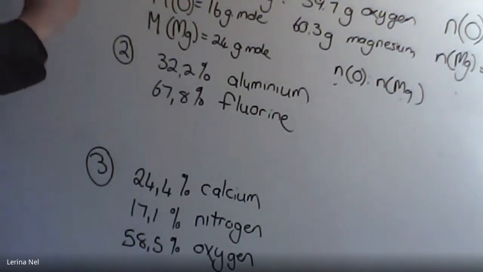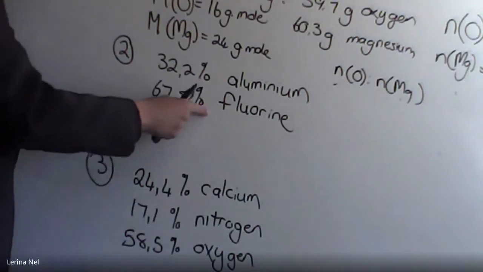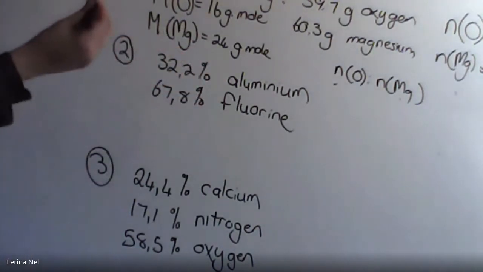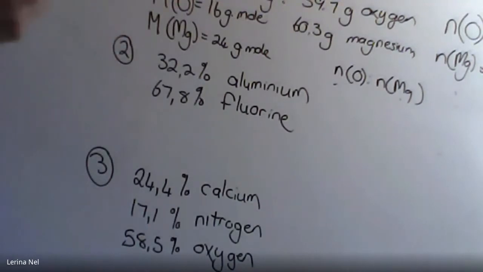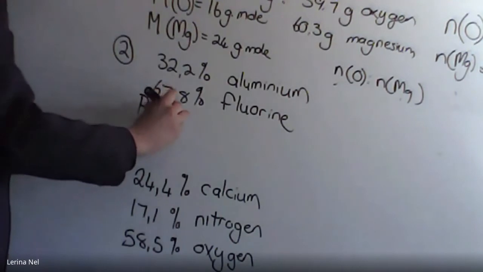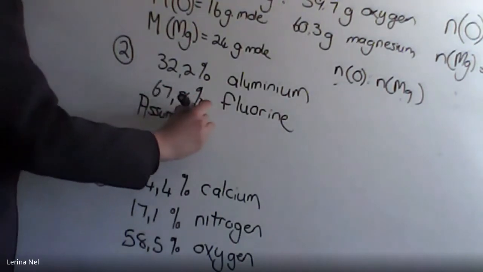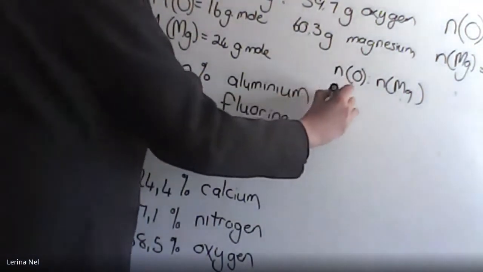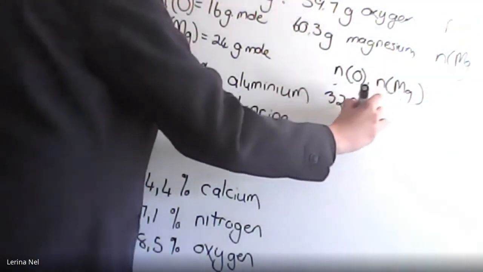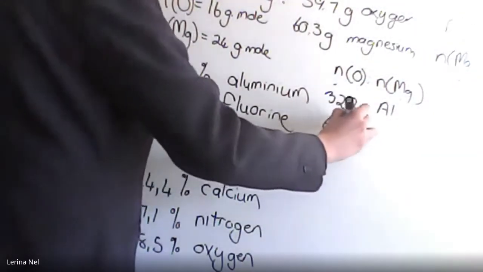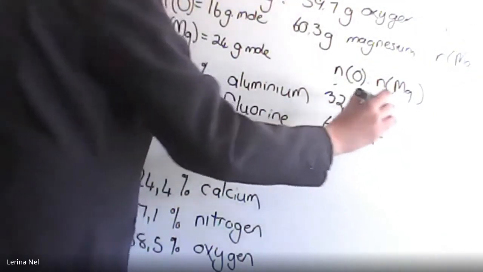So we can assume that if I have a percentage breakdown and I have 100 grams of it, we know what the amount of grams will be. So we can assume that we have 100 grams of this sample, which means we are going to have 32.2 grams of aluminium and 67.8 grams of fluoride.